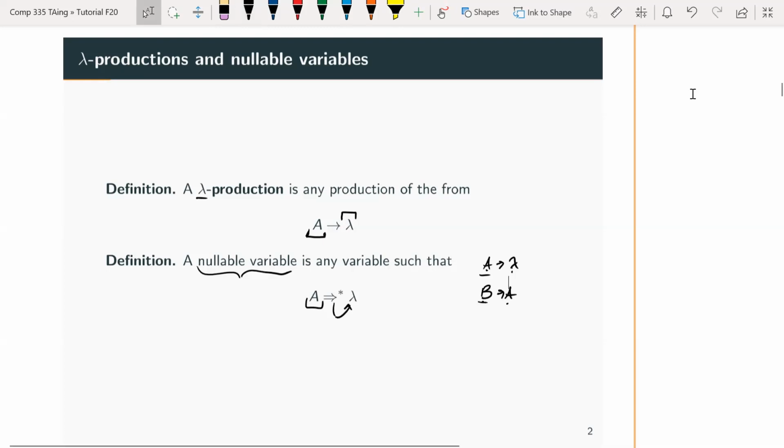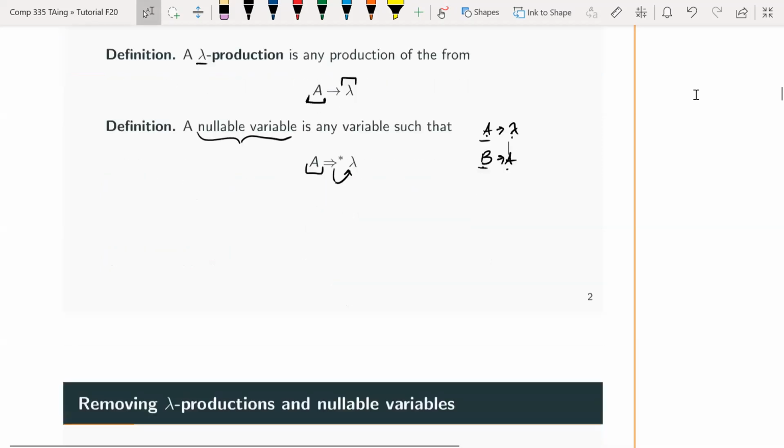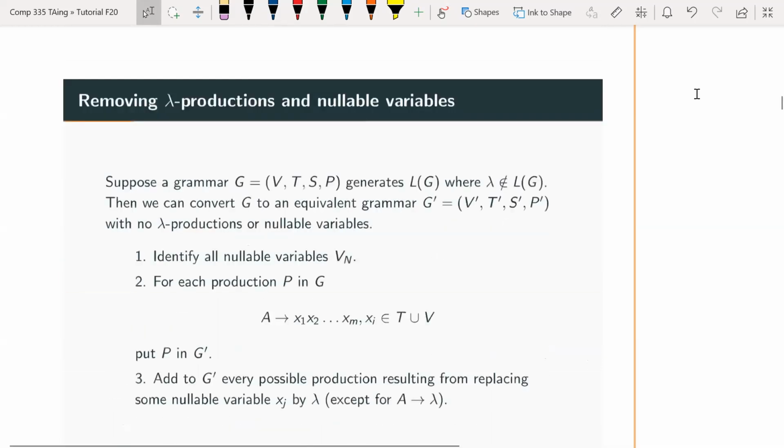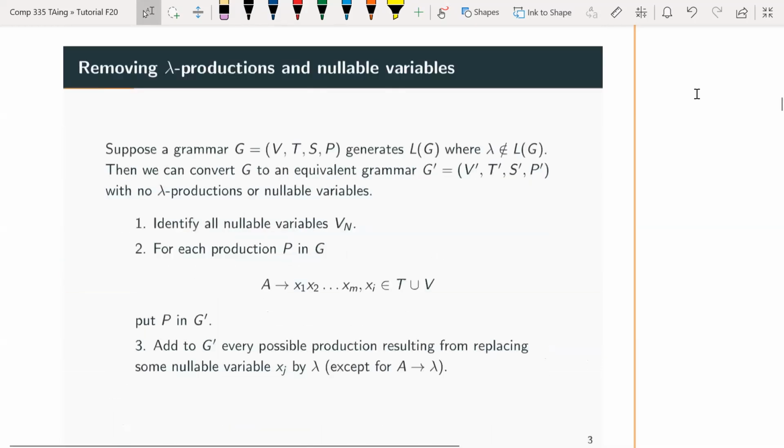Okay, so the whole idea behind this lambda production and nullable variable is we're going to want to get rid of these lambda productions. And the whole reason why we're doing all the simplification is going to be a lot clearer at the end of the tutorial. Okay, so how do we remove lambda productions and nullable variables?